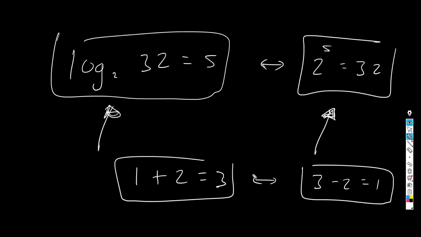Okay? It's exactly the same. This and this are indistinct from the point of view of mathematics. I know that your brain sees different words and so on, but from the point of view of mathematics, they are indistinct.